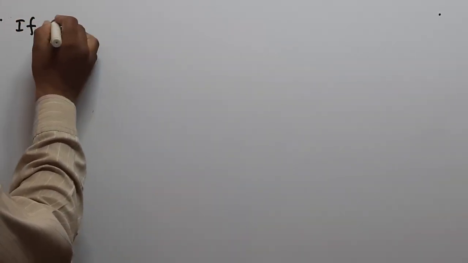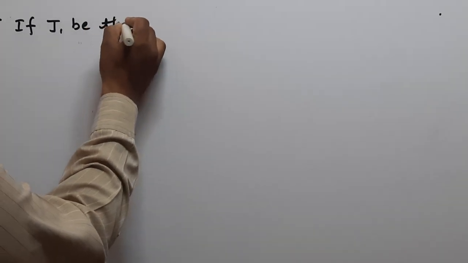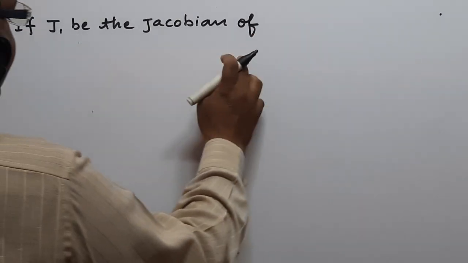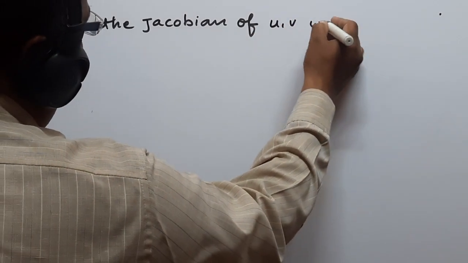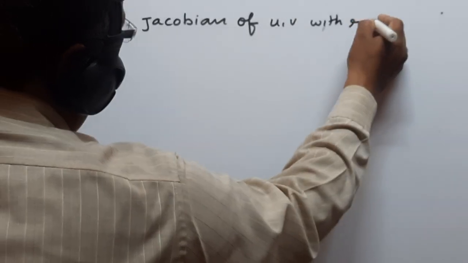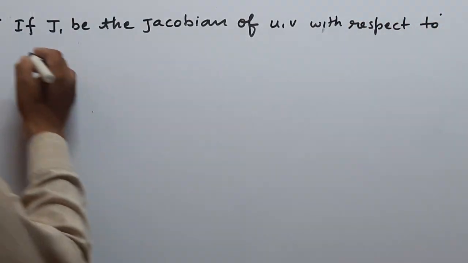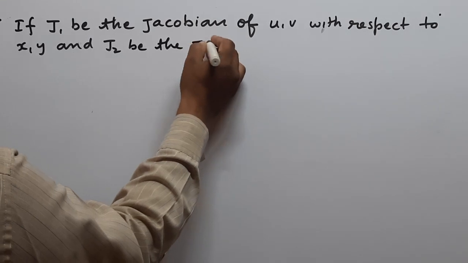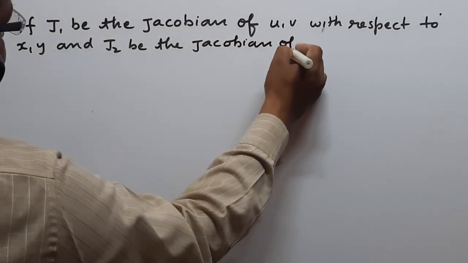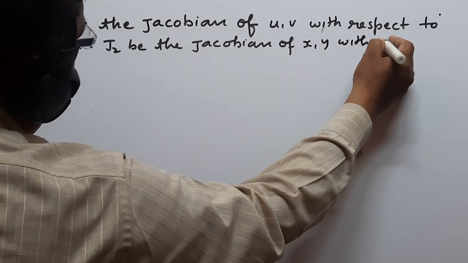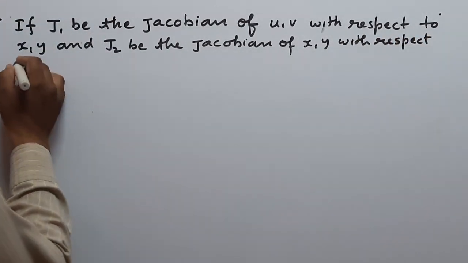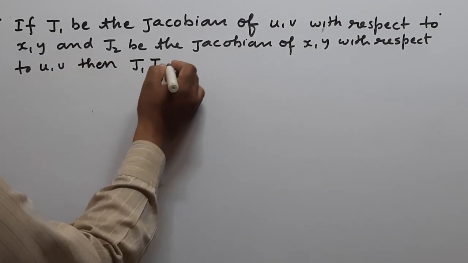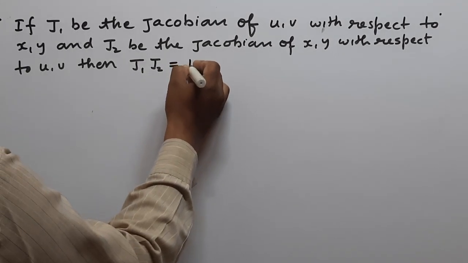If J1 be the Jacobian of u, v with respect to x, y, and J2 be the Jacobian of x, y with respect to u, v, then the product of J1 into J2 is equal to 1.